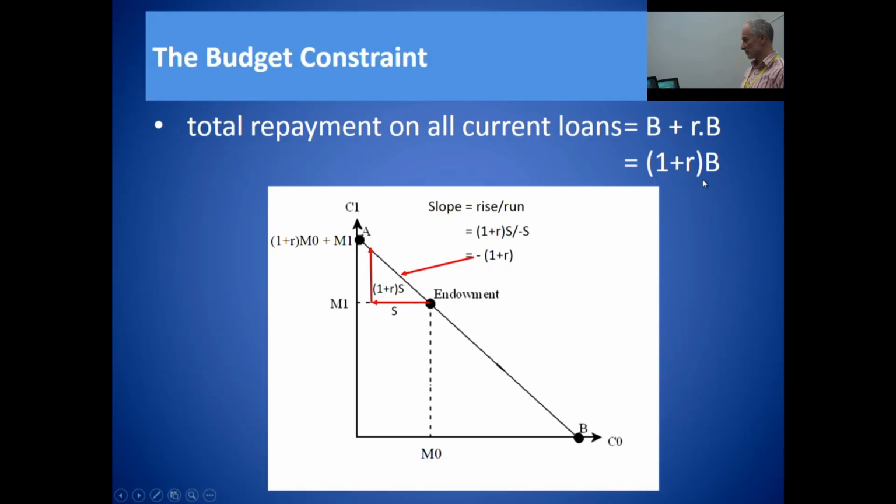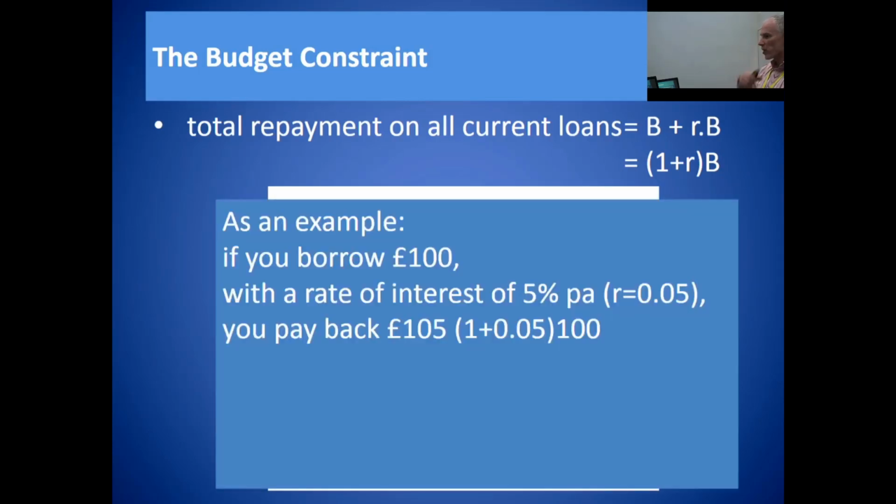So every B that you increase your current consumption by means that you must reduce future consumption by 1 plus R times B. And just to give you a very, very simple example, mirroring the one we saw previously, if you borrow £100 in the present, so that's B, if the rate of interest is 5%, that's our R there, so that's B, that's R. In the future, you pay back not £100, but £105.